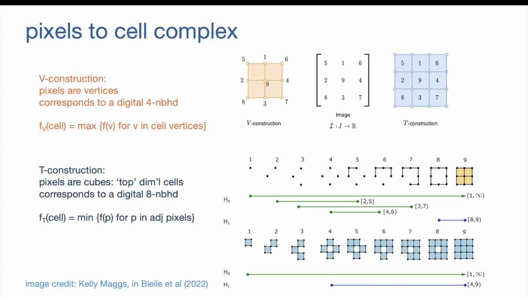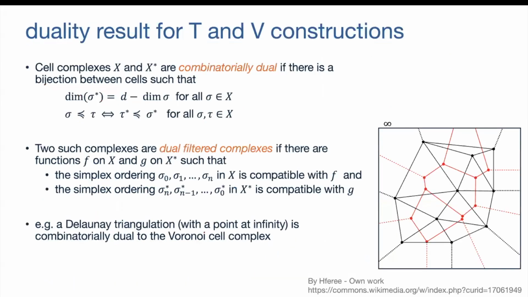So the idea is that if I have software that does persistent homology with the V construction, but I really want it to give me answers for the T construction, I have a method now that will let me use that V construction software and then convert the output into the T version. Yep. Awesome. Cool. So at its heart, we have to define this notion of when two things are combinatorially dual.